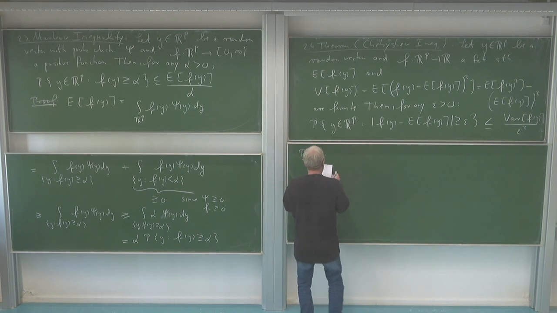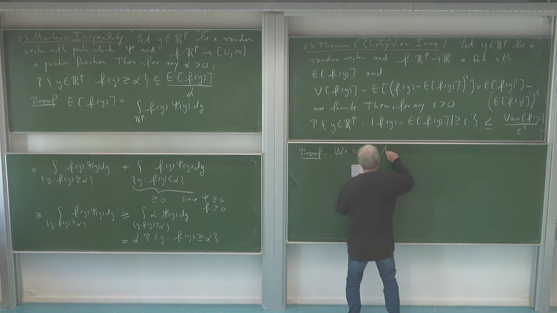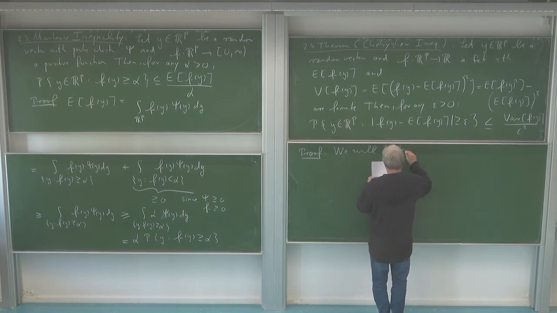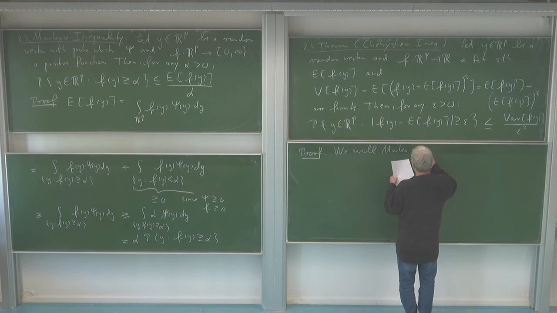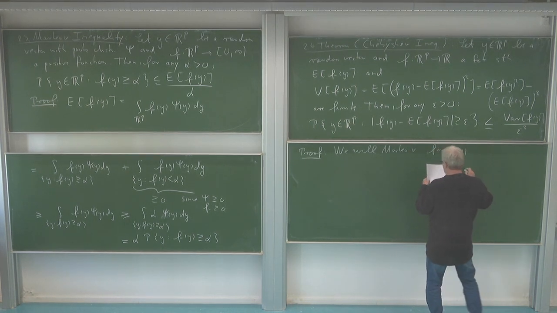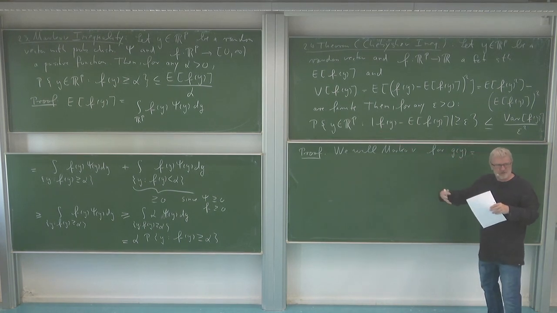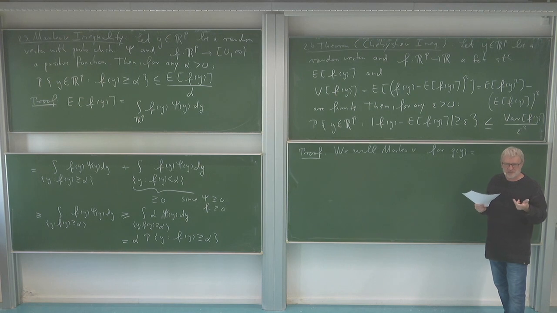So the proof. We will use Markov, but for which function? For the function that we call g, which is actually not this here, but the square of this. And this gets me rid of the absolute value, which is hard to deal with.